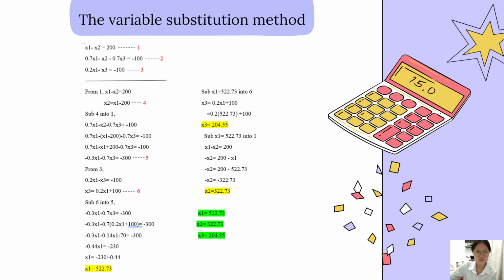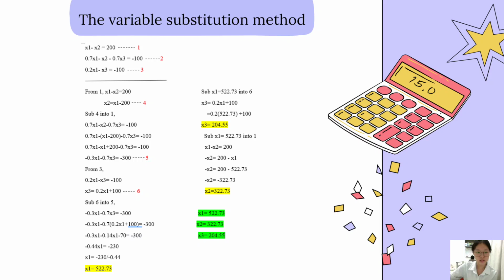From the third equation, we have to get the x3. In order to get x3, we have to move the 0.2 x1 to the right-hand side. So we will get x3 equals 0.2 x1 minus 100. And we label it as number 6.